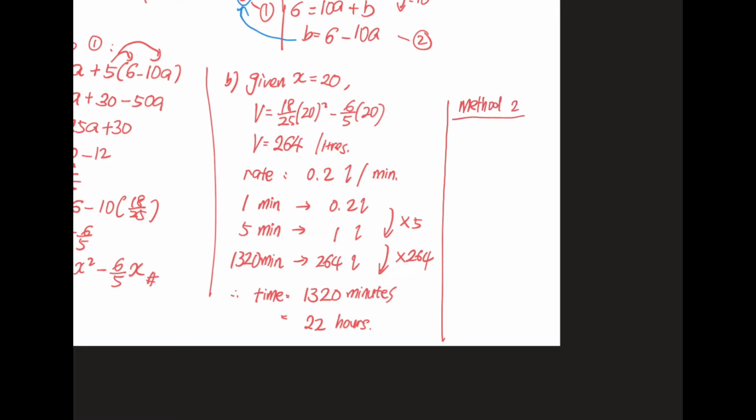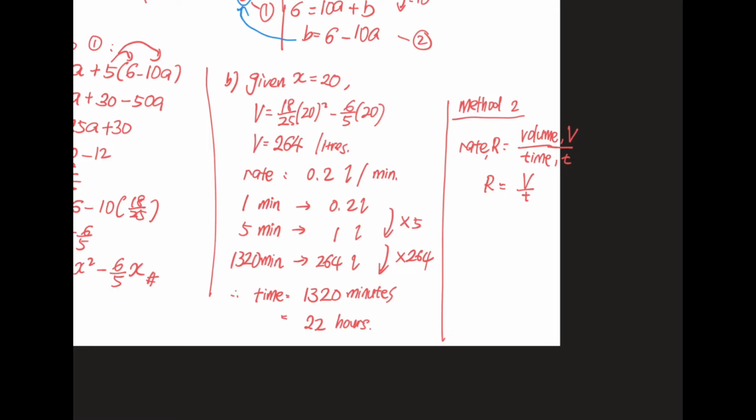There's a formula which is known as rate equal to volume over time. So let's say this is V, this is T, and the rate, I call it R. So I have R, rate, equal to volume over time.